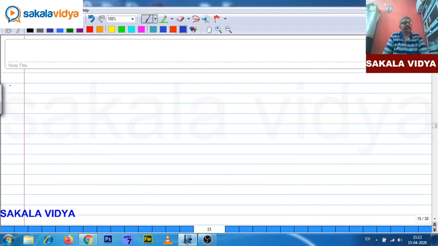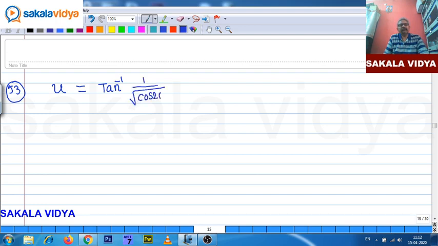Now the 53rd question. u equals tan inverse of 1 by root of cos 2 theta, minus tan inverse of root of cos 2 theta.